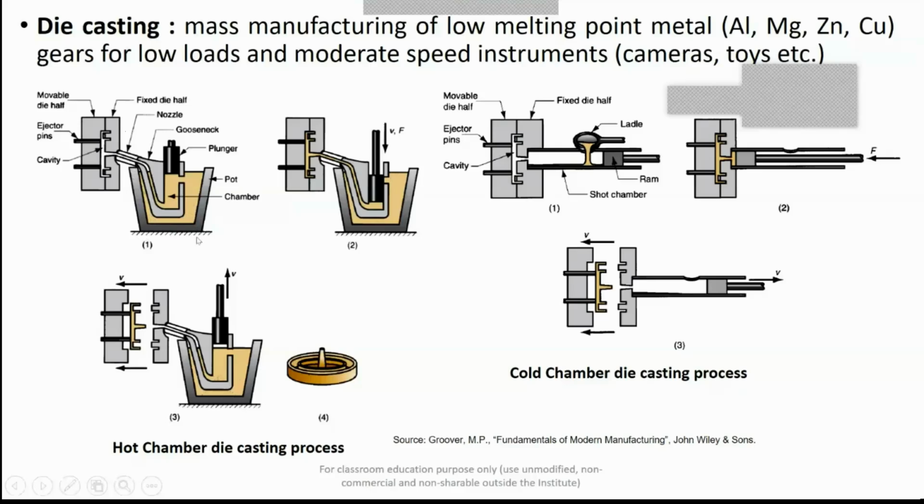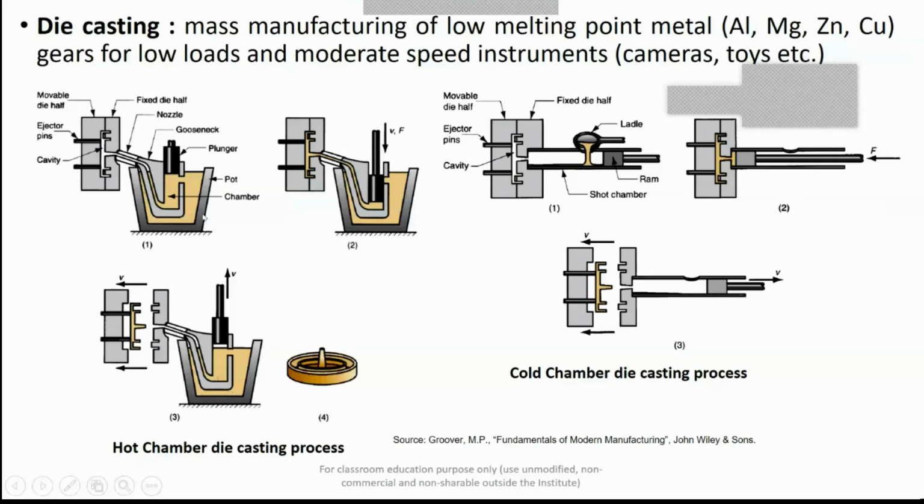You have a reservoir filled with molten material, and this arrangement has a chamber and special pathway for the entry and feeding of molten material into the die cavity. These die cavities are controlled with the help of machines, and the dies are available in two parts, basically known as split dies.